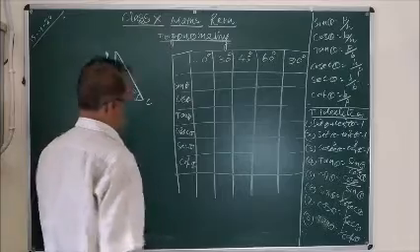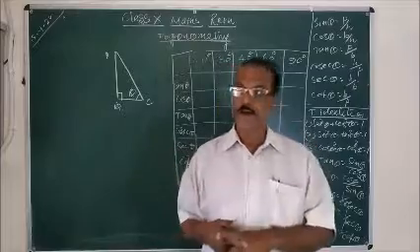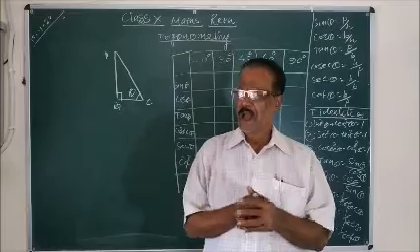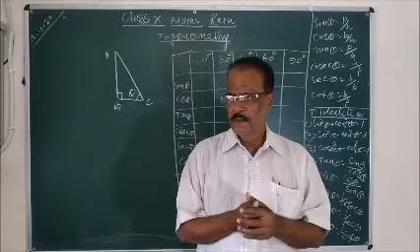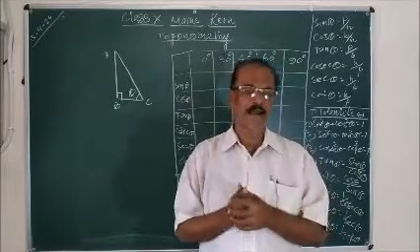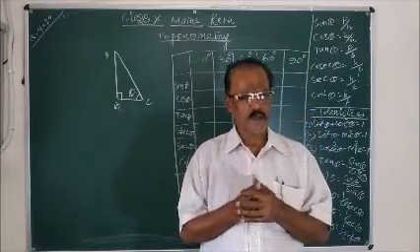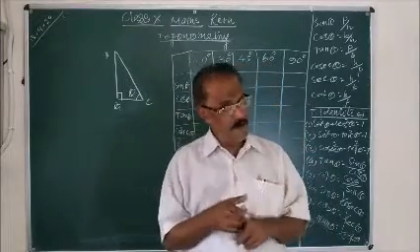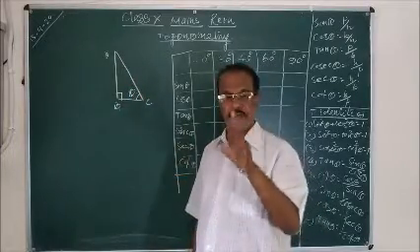So suppose this is a right angle triangle. Pythagoras theorem is very important, and we are considering a right angle triangle here because hypotenuse is only in the right angle triangle, and the other two sides are perpendicular and base. So we consider one angle as the right angle, and these two angles will each be acute.